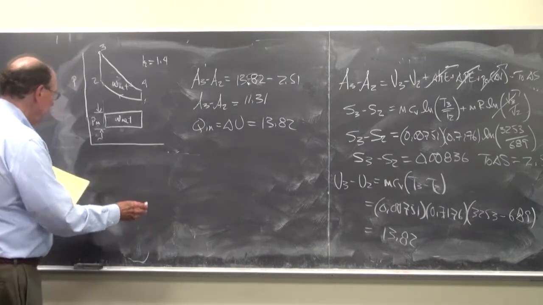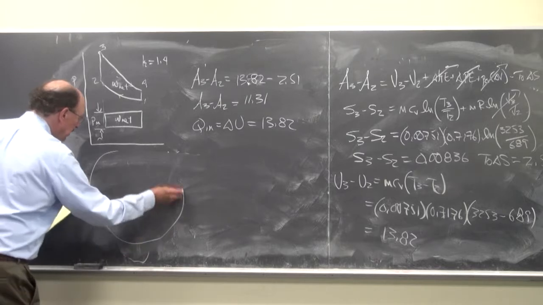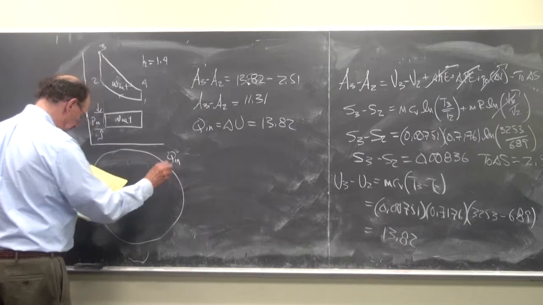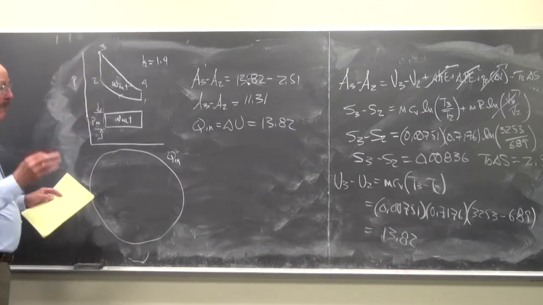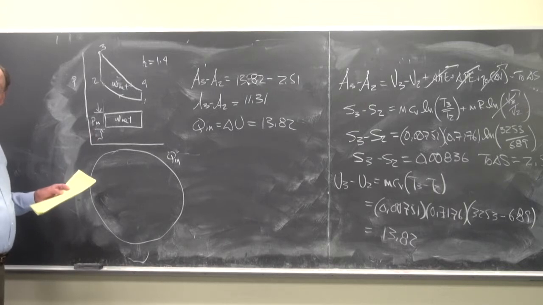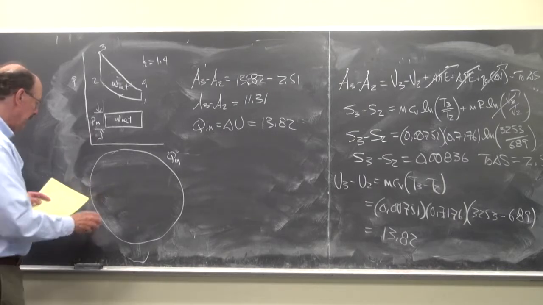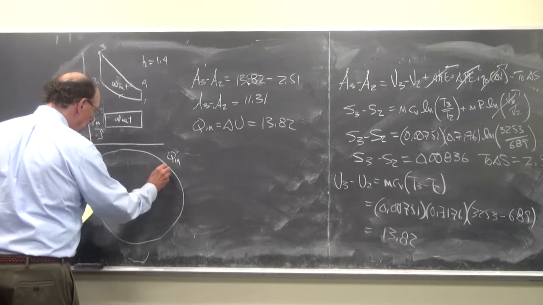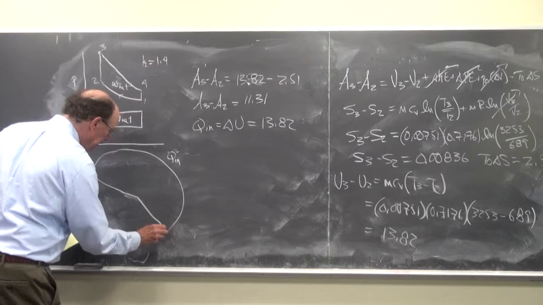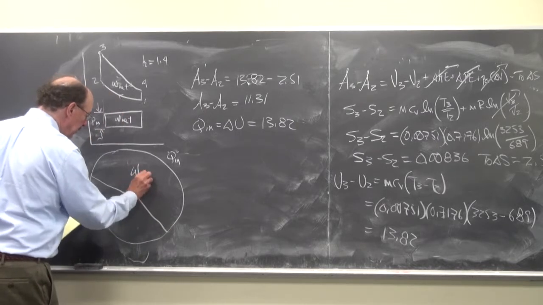So anyway, now let's make sense of these numbers. This represents Q in. So Q in, when we put heat into this, where did it go? It went into two things. It went into producing work or in heat leaving. So I have W net, actually in this case the W is slightly greater, so I have W net and Q out.